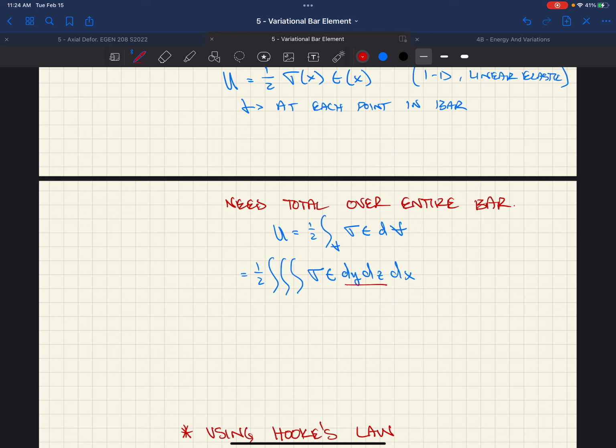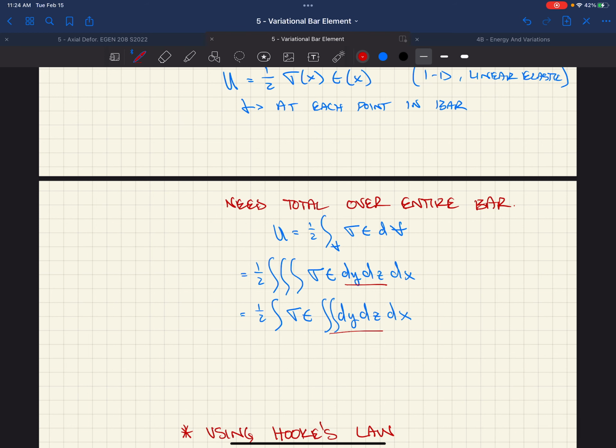So the integral with respect to those 2, we do 1/2, we can pull out sigma and epsilon. Now we have the double integral dy dz, and then dx. Well, the integral of dy dz is really the area.